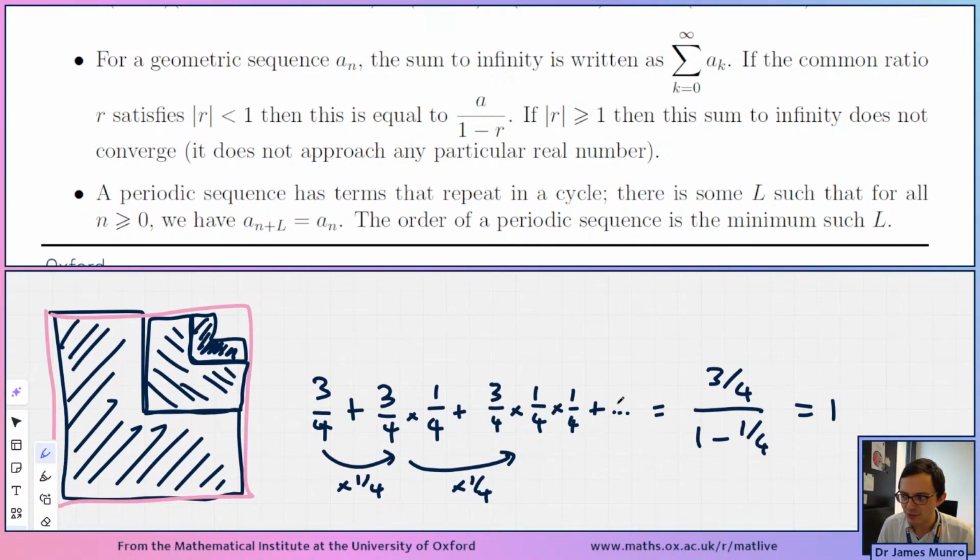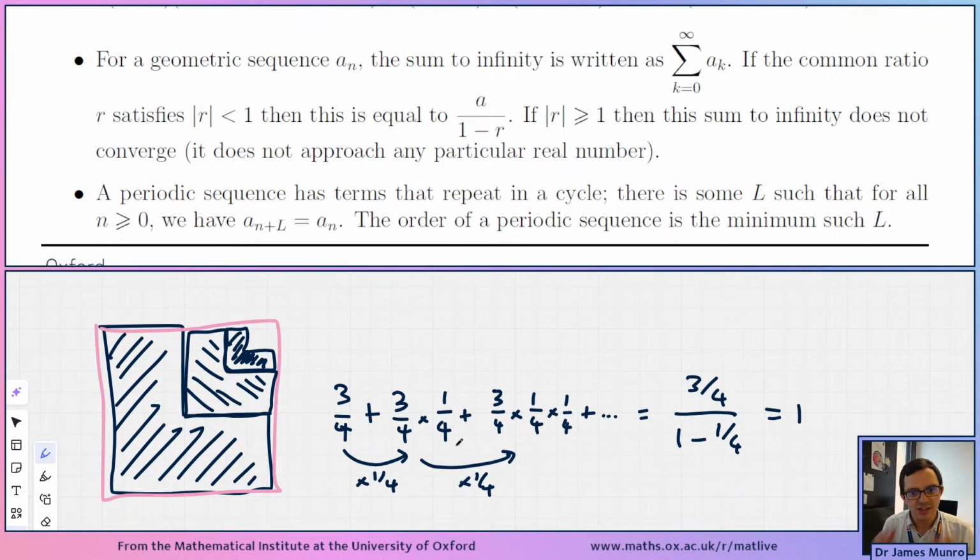So the dot dot dot is doing a lot of work there to explain that this is supposed to keep going forever. Sum to infinity is a slightly different concept from just your regular adding together terms, and for the MAT syllabus, it only turns up for geometric sequences. You're not expected to have any other understanding of what it means to add together infinitely many things, I think.